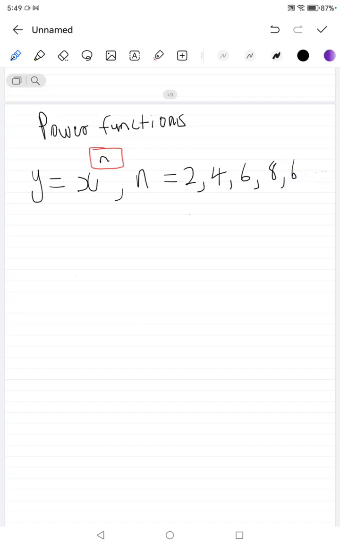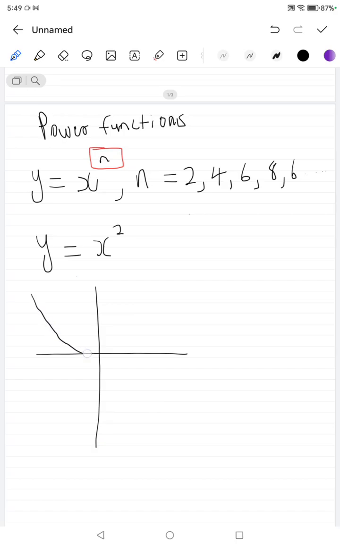Knowing from your grade or high school experience, if they tell you to draw the graph of y equals x squared, you can simply know that this is going to be a parabola. Since it's a positive one, it's just going to be a smiling graph that looks like this.